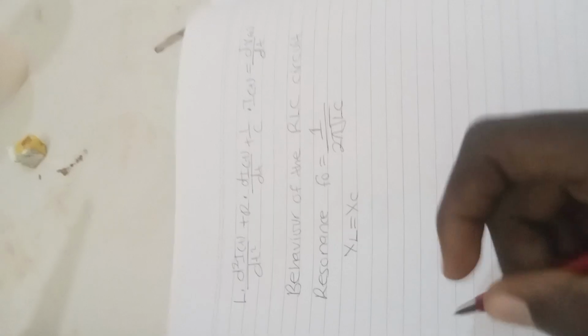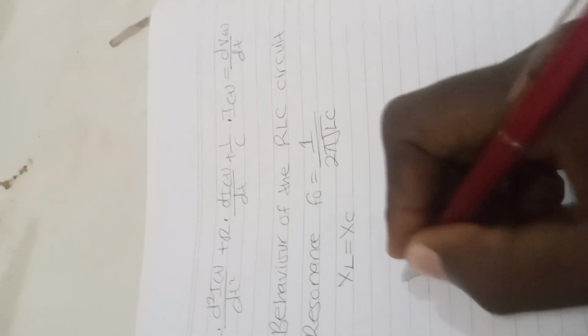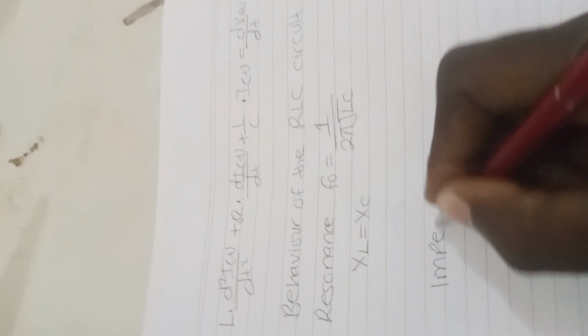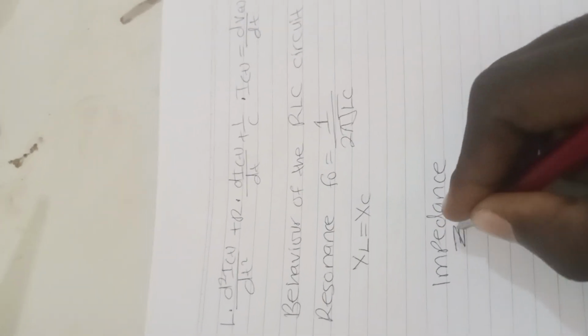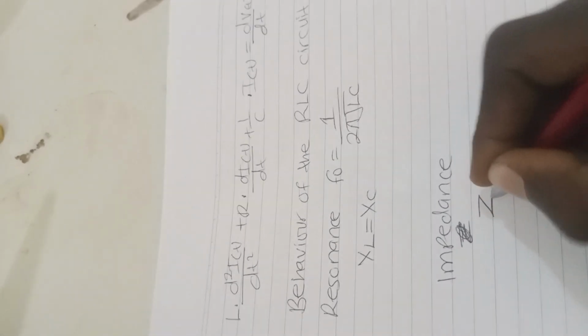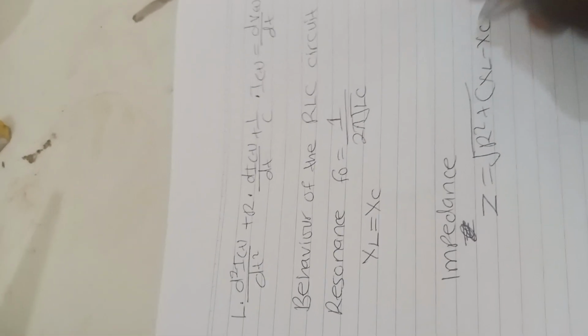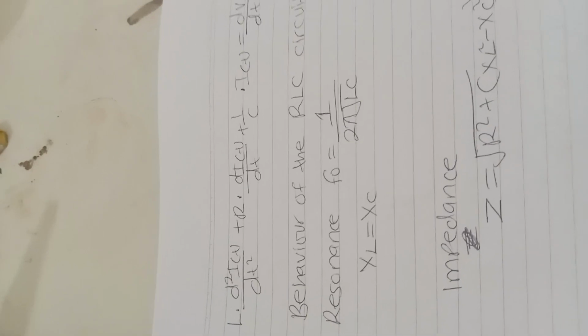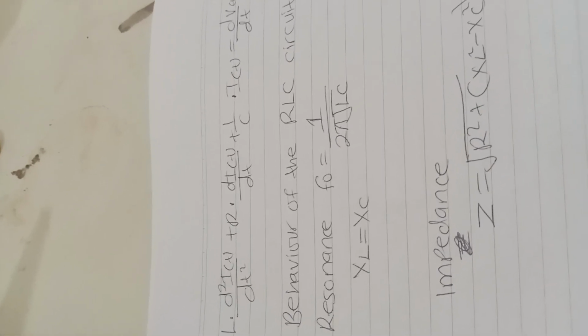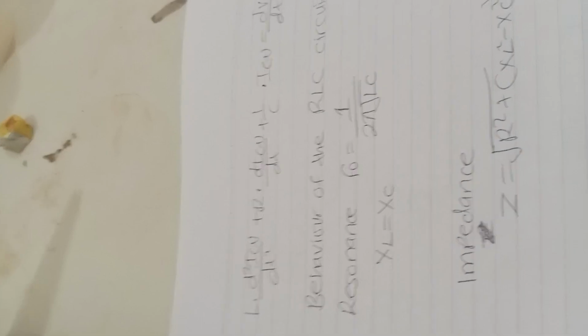We have what we call impedance in RLC circuit. So the formula for the impedance is Z, which equals root of R square plus inductive reactance minus capacitive reactance square. So with this, we came to the end of our video. I think it's going to be very important for us, but let me define what impedance is.